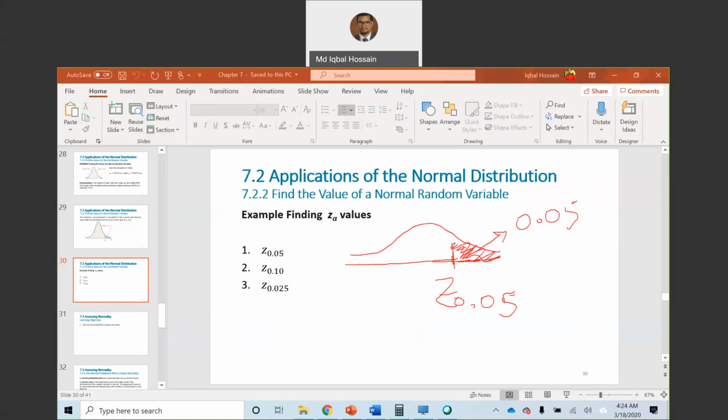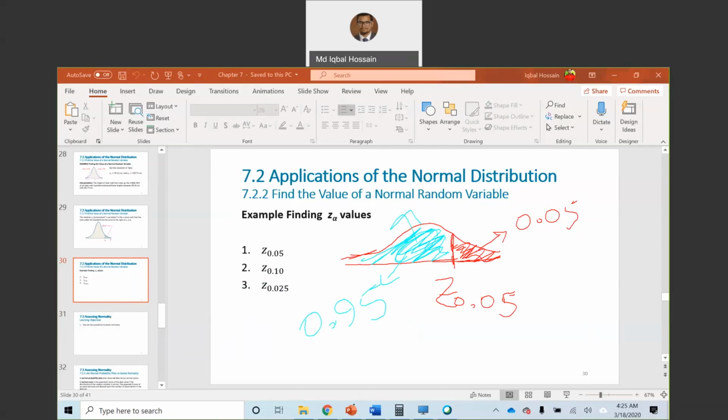And what would be the area on the other side? You know, the total will be 1. So the area on that side would be 1 minus 0.05, which is 0.95. Now we have to find out the value for 0.95.